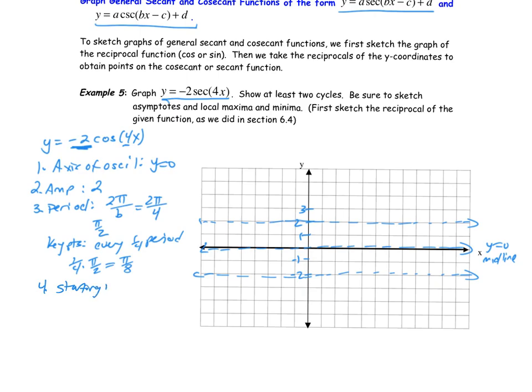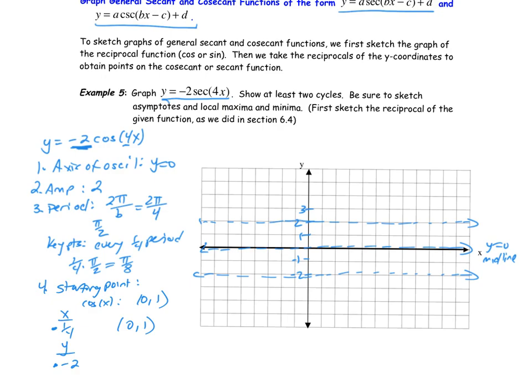The starting point we can find by transforming one point on cosine, since we know the pattern. For cosine of x, it starts at a maximum, so 0, 1, and then we'll go ahead and perform the transformations. In this function, x values are being multiplied by 1/4. So 0 times 1/4 is still 0. And y values are going to be multiplied by negative 2.